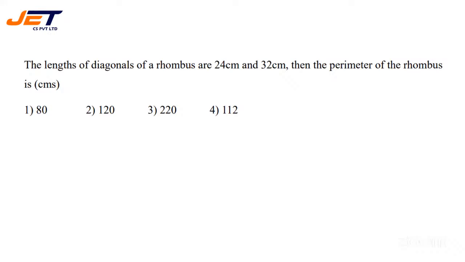The next question is: the lengths of the diagonals of a rhombus are 24 centimeter and 32 centimeter. Then the perimeter of the rhombus is dash. Right, students? So the perimeter is asked. So here, the lengths of the diagonals of a rhombus.